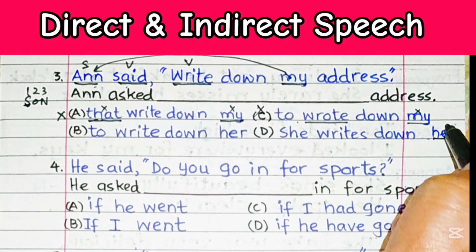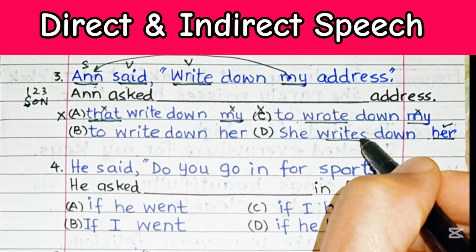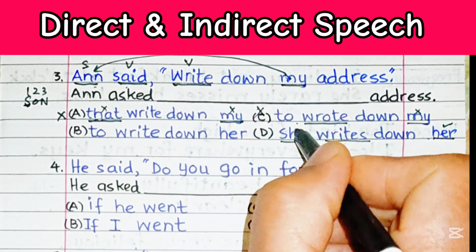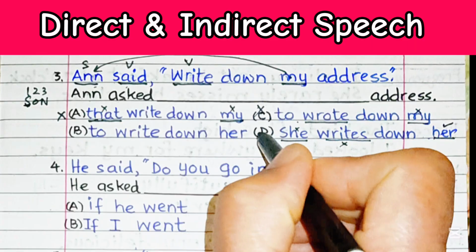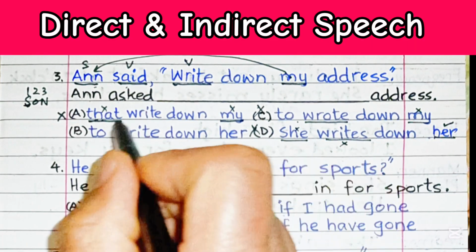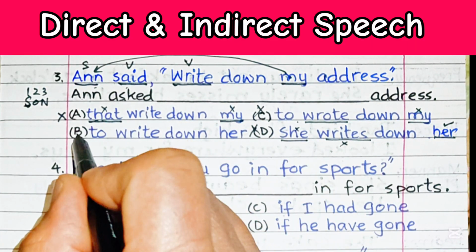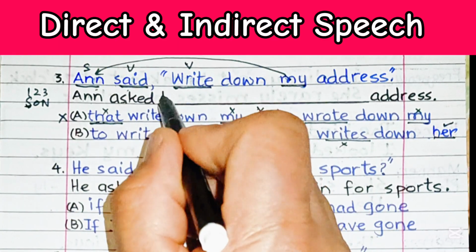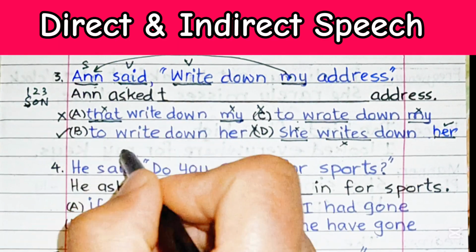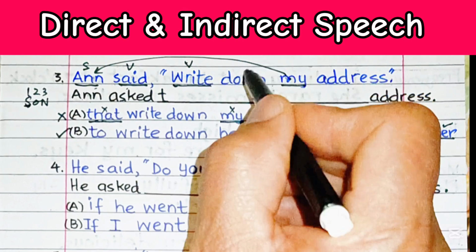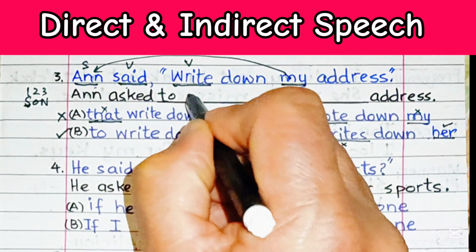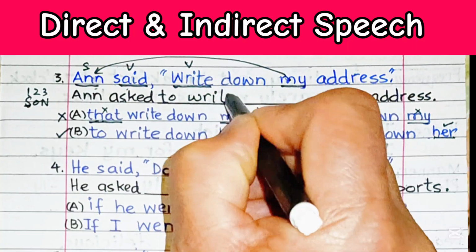Her is okay, but writes is not the right option, and there is no subject over here, so this is also incorrect. The only option that remains is option B. So Anne asked to write down her address. This was the correct option, so option B is correct.